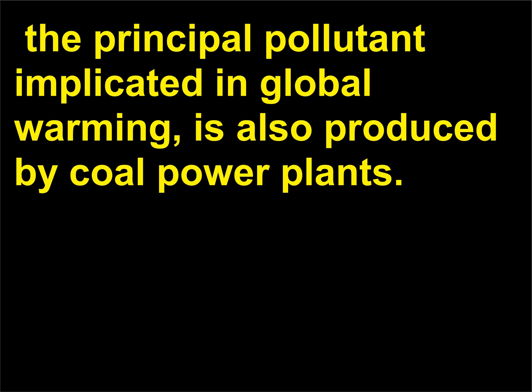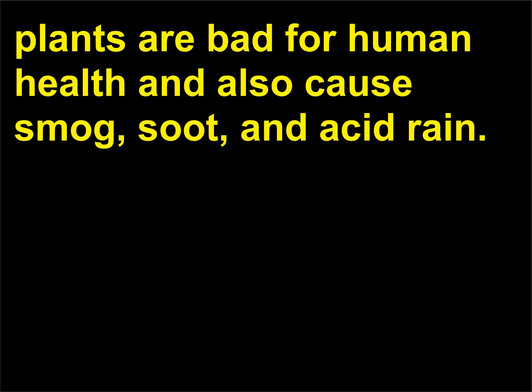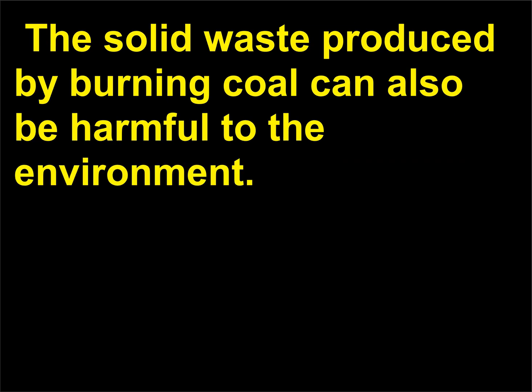The principal pollutant implicated in global warming is also produced by coal power plants. Aside from global warming, many of the pollutants from coal power plants are bad for human health and also cause smog, soot, and acid rain. The solid waste produced by burning coal can also be harmful to the environment.